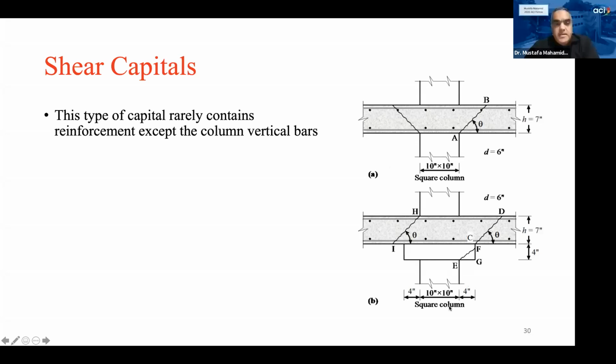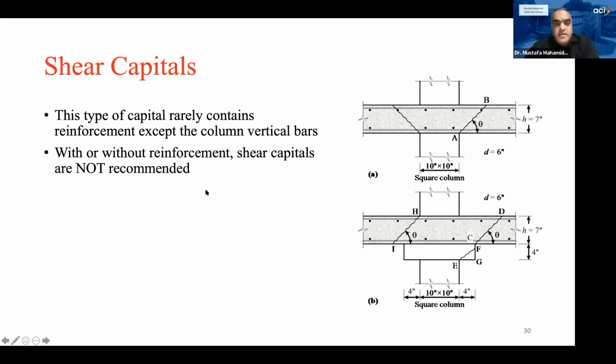If you look at the figure below where we have a capital, you can see the distribution of the cracks. These tests have shown that we have issues with those wedges at the edges, that's E, G, F, and also the other corner, that those actually will fail during the tests.